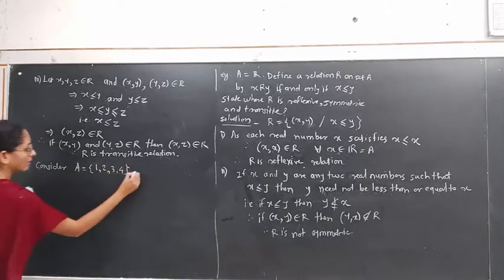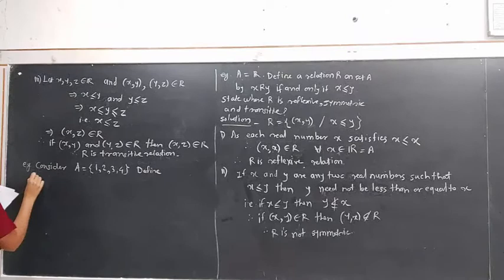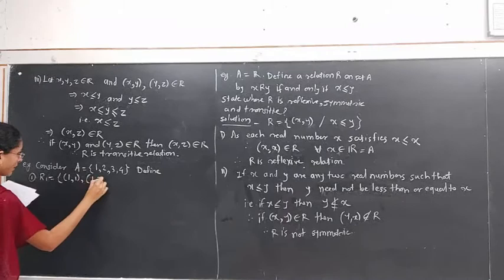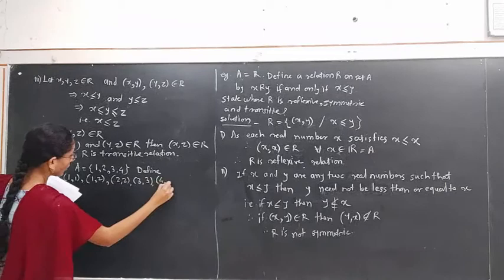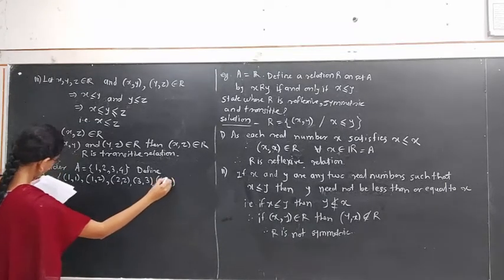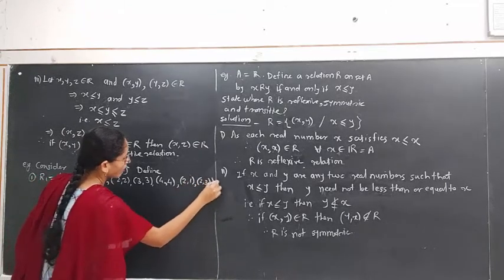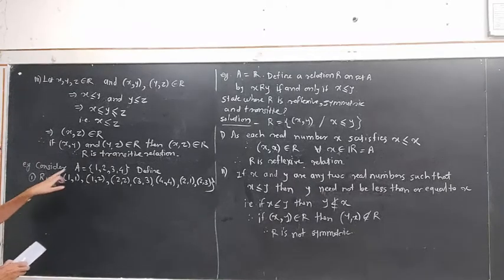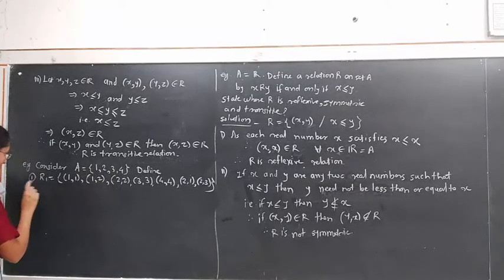Define first R1 is equal to {(1,1), (1,2), (2,2), (3,3), (4,4), (2,1), (2,3)}. We will take one by one. Define one relation on this set and check whether the relation is reflexive, symmetric and transitive.